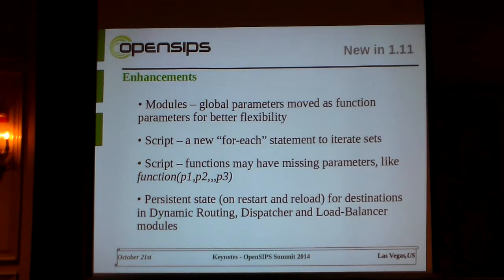Otherwise, you don't know exactly which parameters you're actually passing because of the missing order. This way, you have a fixed template for the function prototype, so you know exactly which parameters are used.